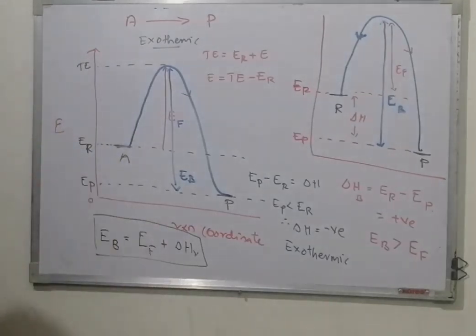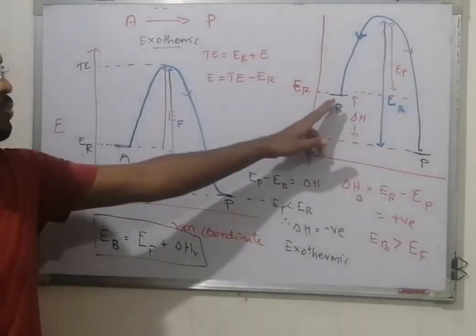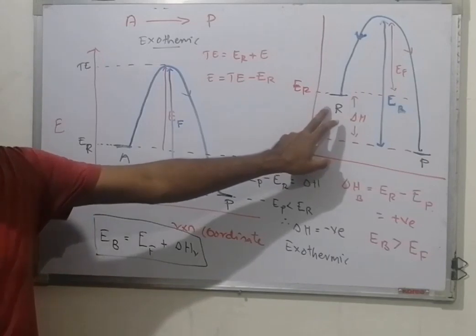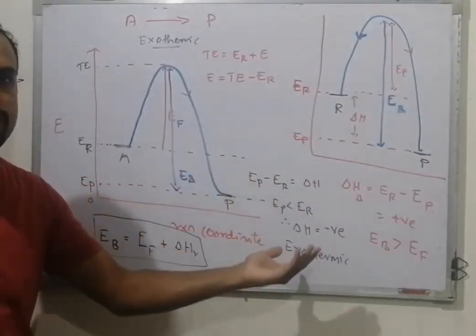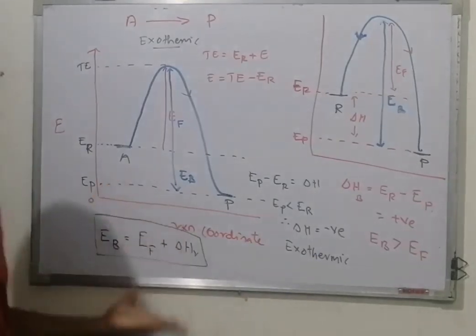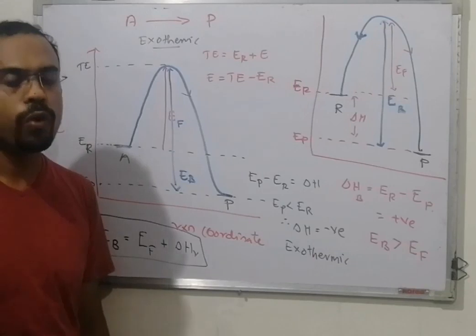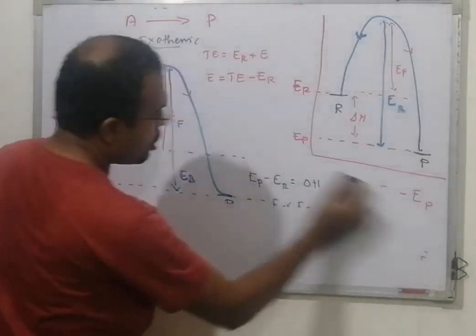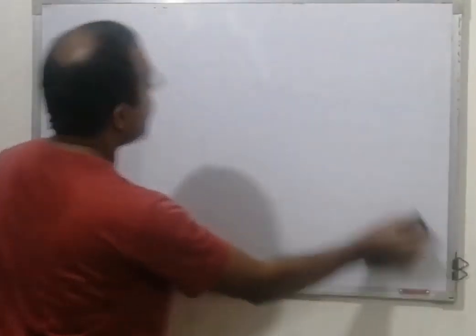If you want to draw an endothermic reaction, just reverse: the energy of the products should be greater than the energy of the reactants. Just reverse. Therefore, you just learn this thing reversed for endothermic. This is all about the activation energy and energy of reactants.